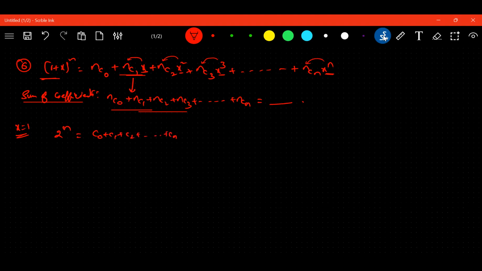Are you getting my point? Suppose, sir, if I substitute 2 in place of x, it will vanish. Substitute x is equal to 2, what is wrong here? If I substitute x is equal to 1, x gets vanished. That is why I have substituted x is equal to 1.